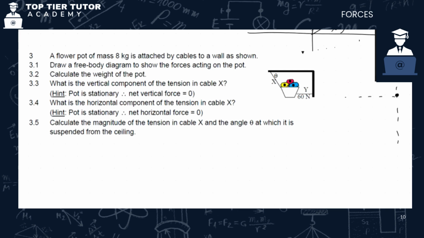So we have a Cartesian plane, we're going to call that the y, and we're going to call that the x. Now, our 60 newtons going to the right is on our x-axis, going in that direction. And we have also the force X. It must go in this direction.